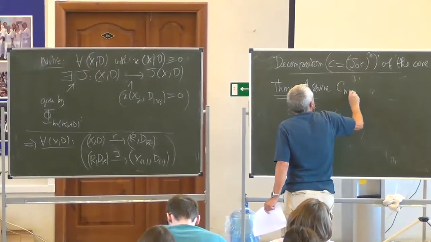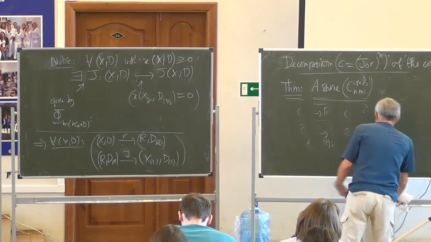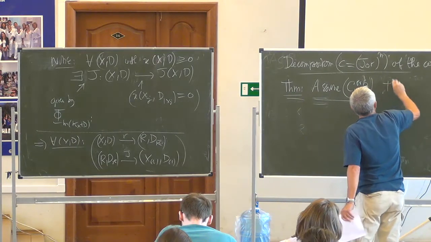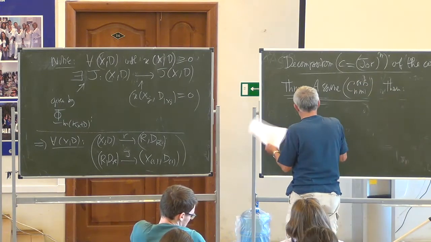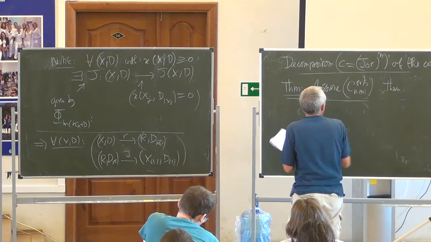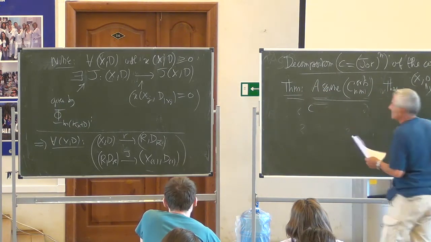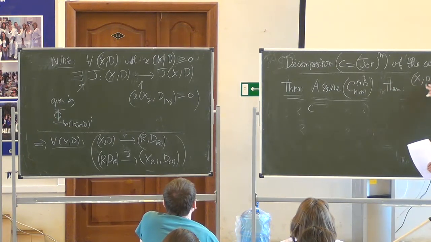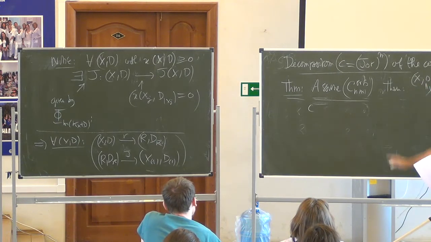The theorem is: assume C_nm orb. Then we have the core map, which is defined. I take X_0, which is X. I just simplify in this case, although we have no orbifold structure here, but they will arrive immediately.